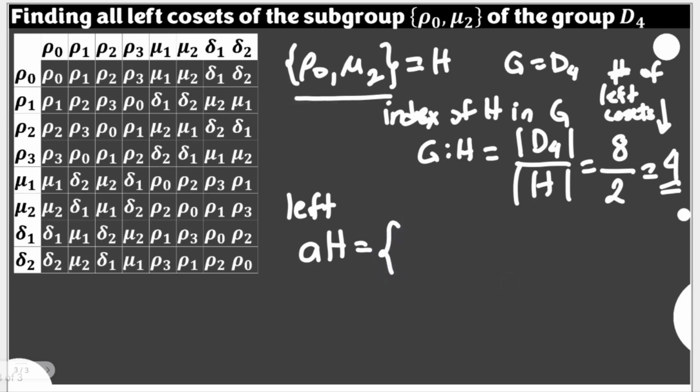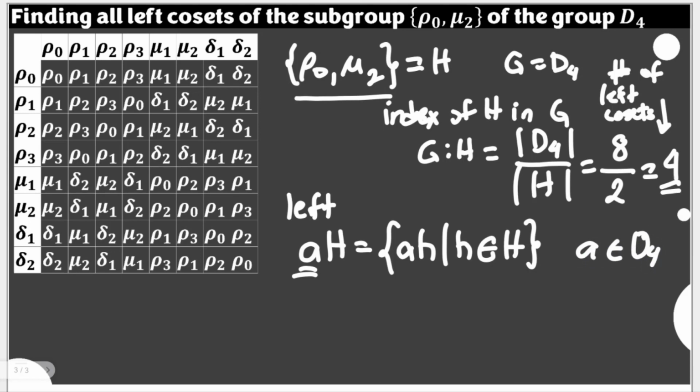So all the results once we operate a with small letter h, where the h are all elements of our subgroup. a is an element of D sub 4, which is rho sub 0, 1, 2, 3, mu sub 1, mu sub 2, delta sub 1, delta sub 2, so we have 8. We're going to operate all 8 of these to our H, and let's see if we have 4 left cosets, even if we have 8 elements in D sub 4.